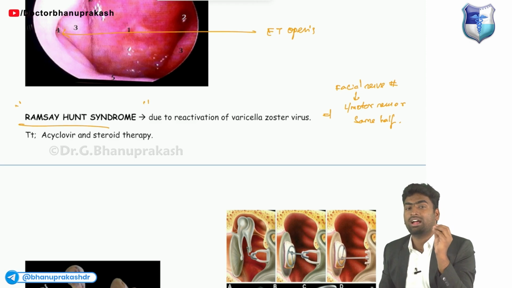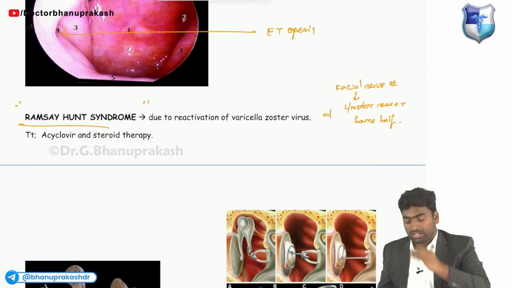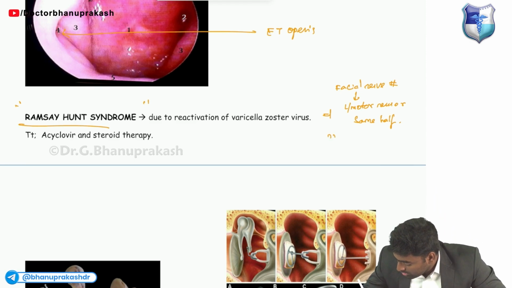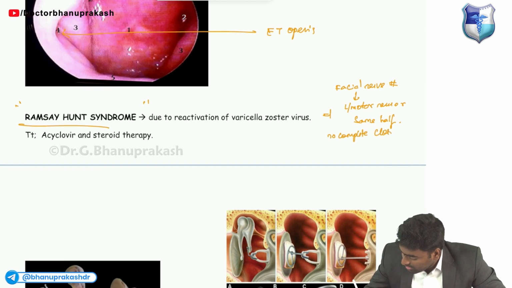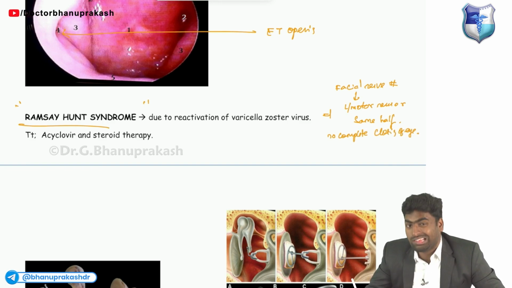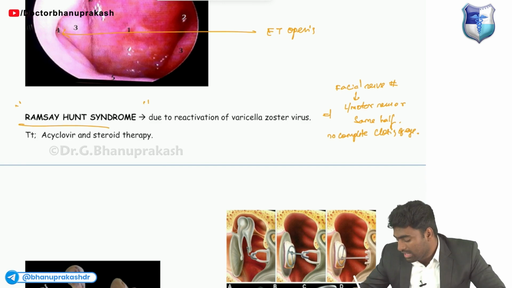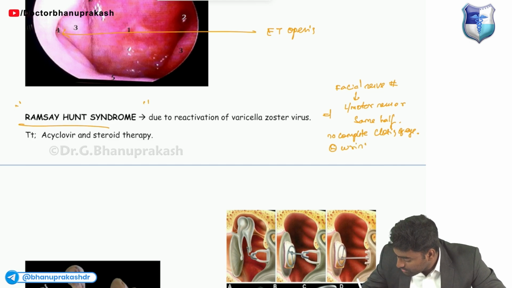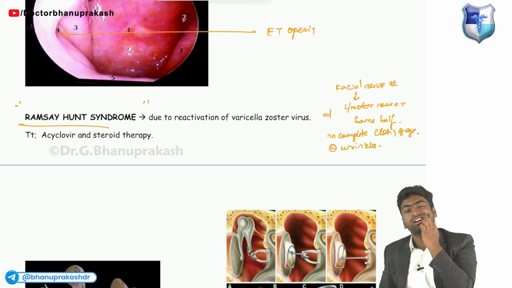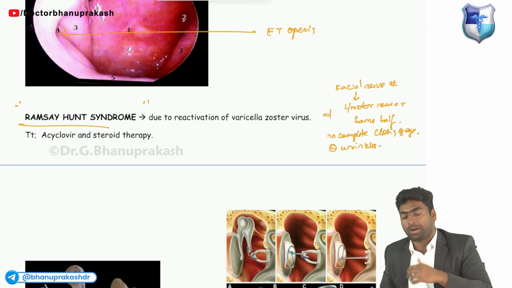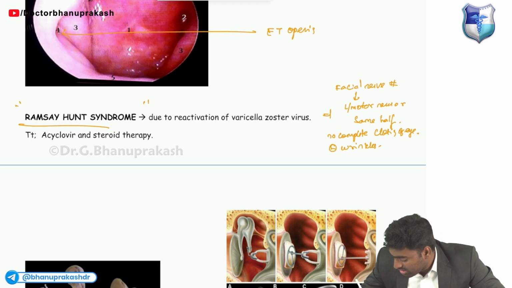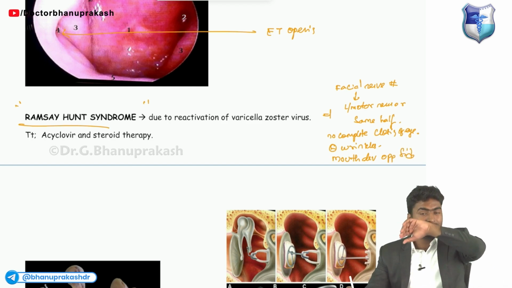There will be no complete closing of the eye, loss of the nasolabial fold, and absence of wrinkles, and along with this, the corner of the mouth will be shifted to the opposite side. This is due to the facial nerve involvement.